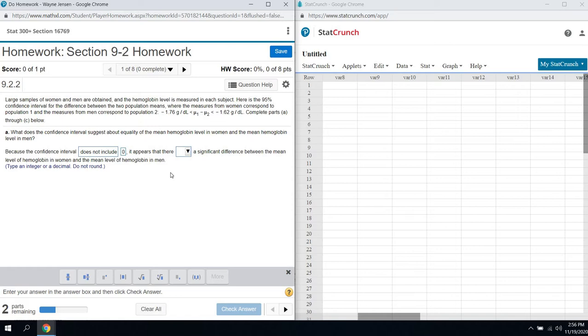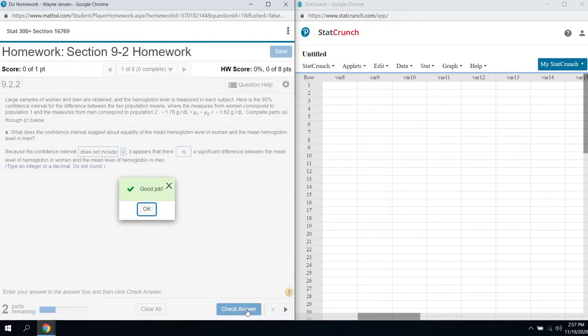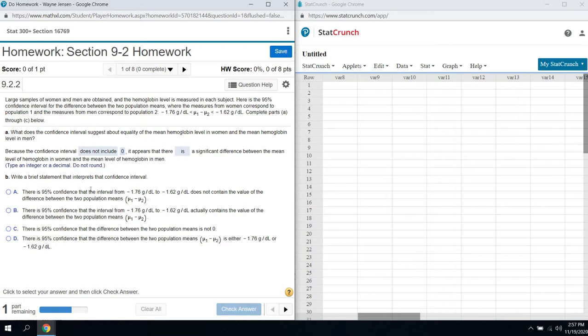It doesn't include 0. So it appears that there is not a significant difference. I'm sorry, there is, right? Because it doesn't include 0, there is a significant difference between the mean hemoglobin of men and women. If 0 is in the interval, then they could be the same. But because 0 is out of the interval, we know one's bigger than the other, or they're different.